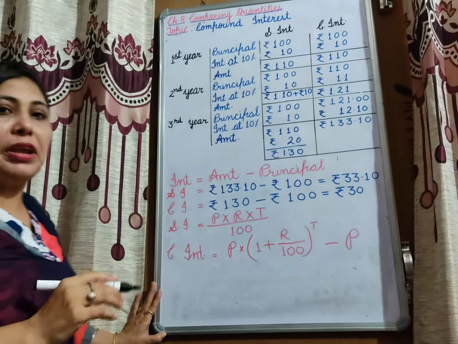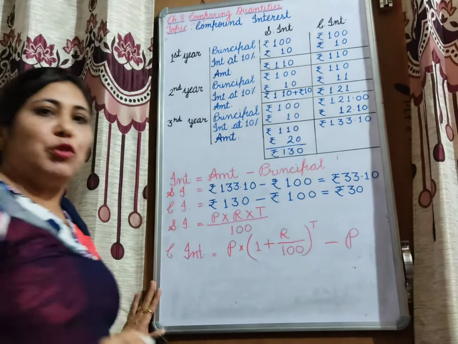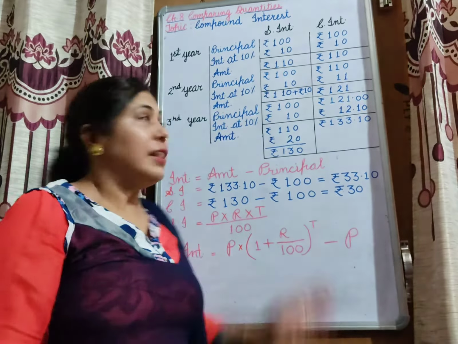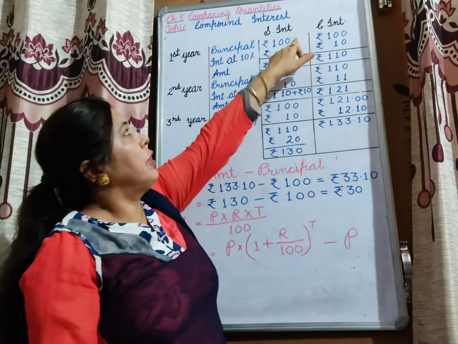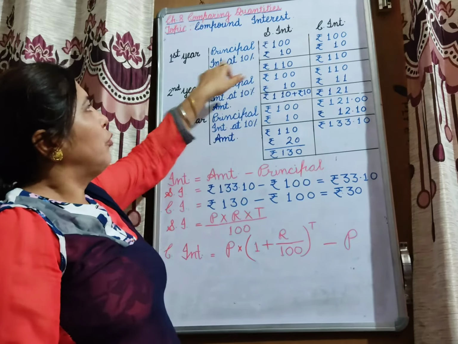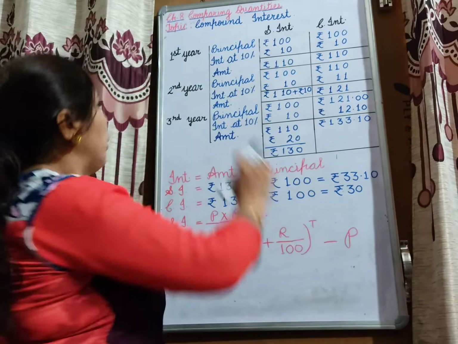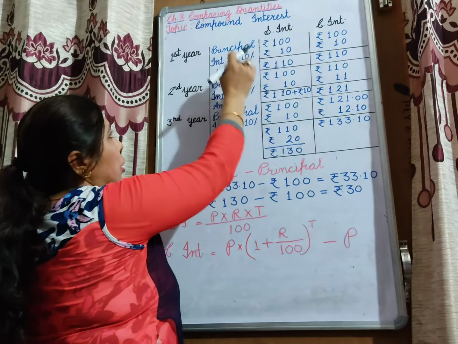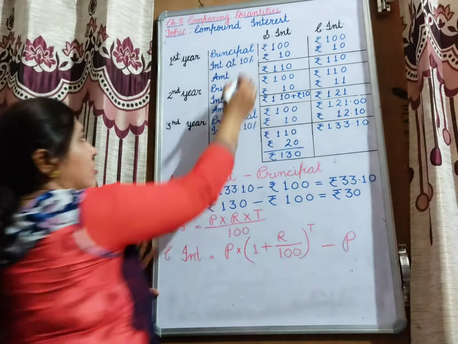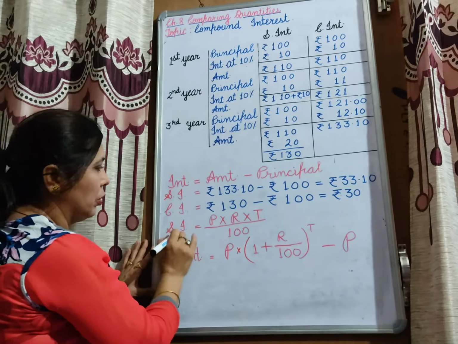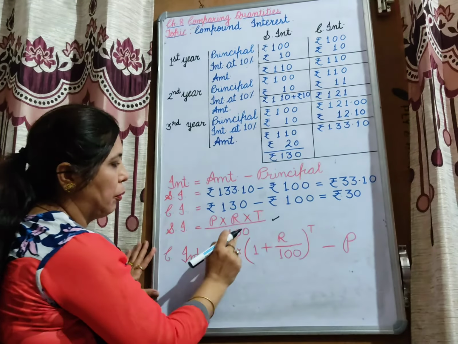Now on that money, if we are going to pay after some fixed period, then we have to pay some extra money for that. That is known as interest. Now, if we have taken 100 rupees as borrowed money, we have to pay interest at 10% rate. After 1 year, how much amount do we need to pay? According to simple interest, our formula is P into R into T upon 100.